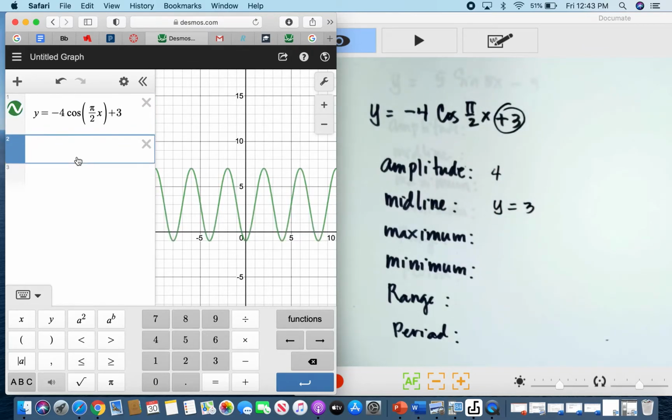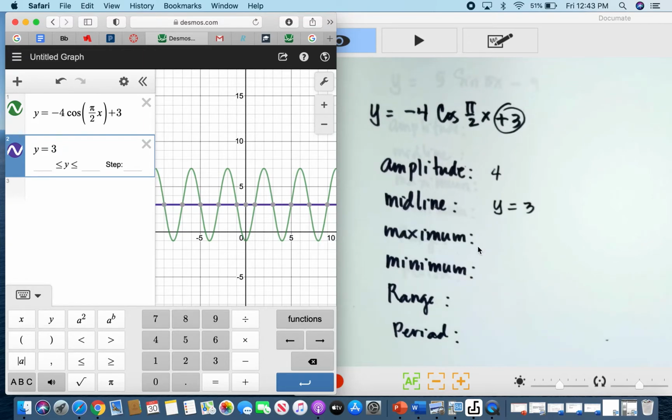As you can see, if I put y equals 3, it will surely divide your graph into 2 equal parts. So even without graphing it, you should be able to get the midline by means of that standalone number in the function, which is actually the vertical translation of the graph. So y equals 3.